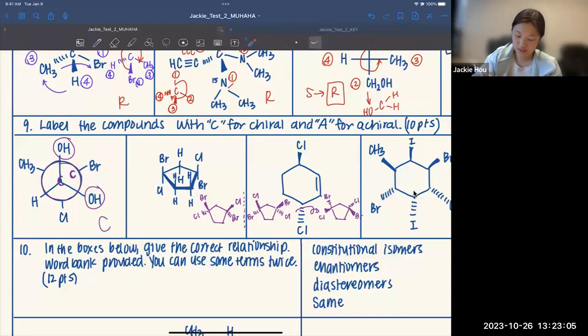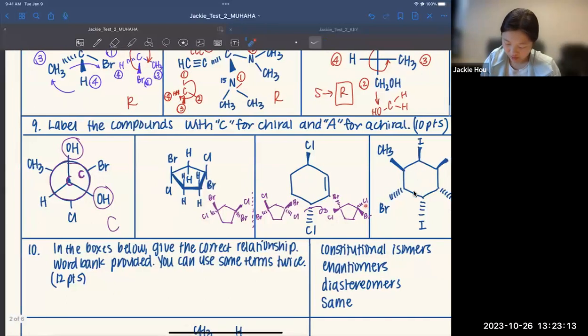We can see that this is relatively down, this chlorine is relatively up, and that's opposite of this. And because each of the atoms are opposite, we know that these ones have to be enantiomers. They're not the same. So even though I drew the mirror image of them, for achiral compounds they might be the same, but for chiral compounds they're going to be completely different. And so that's how I know that this compound is chiral.